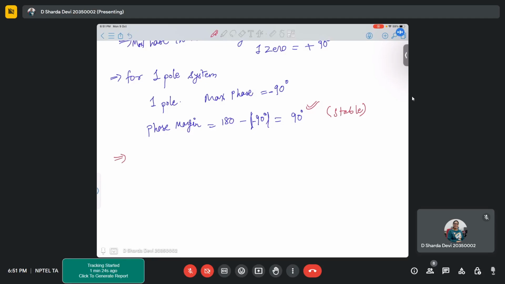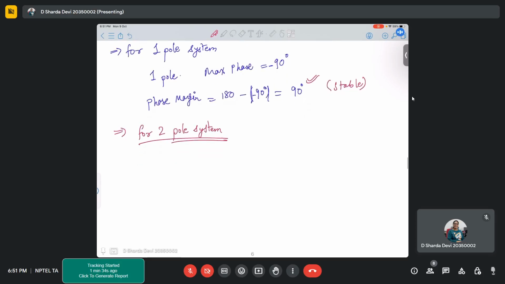Now when we talk about two pole system, let's say I'm drawing an S-plane and there are two poles. Actually, I should not say S-plane, rather I'd say it is a Bode plot.